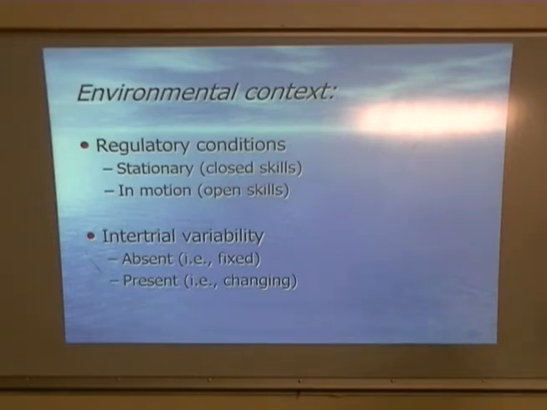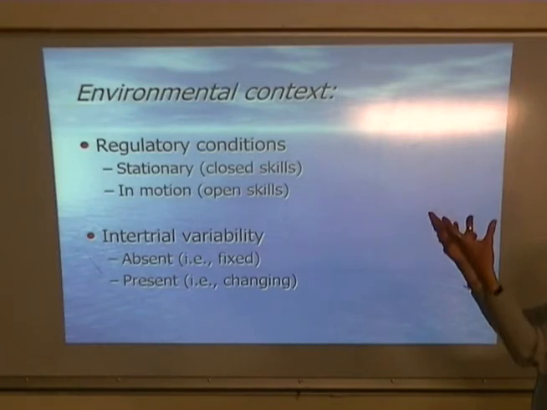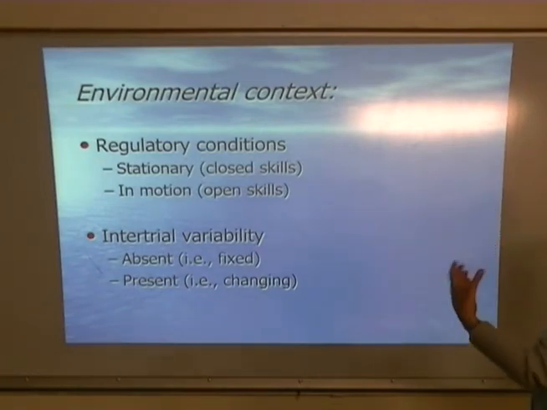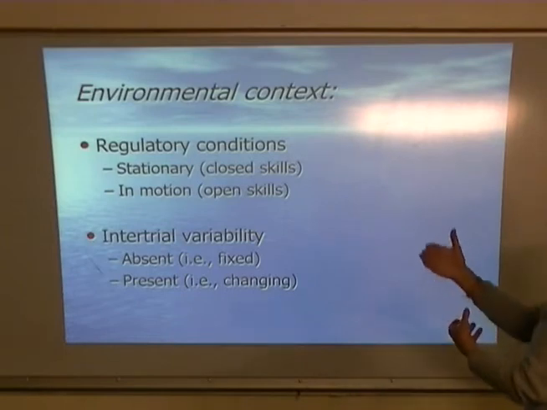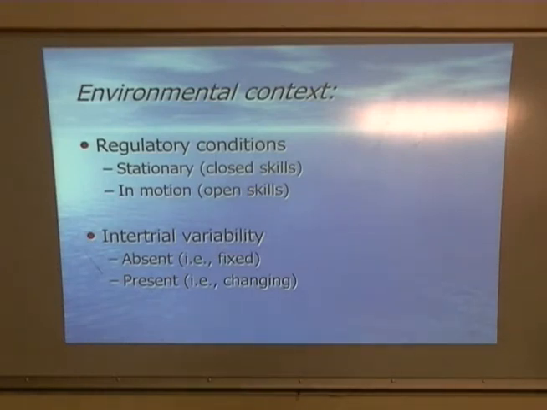However, it's likely that intertrial variability is present because if I'm playing a golf round on a course, every tee, every hole is different. So every shot I play is going to be in a different environment. Does that make sense?